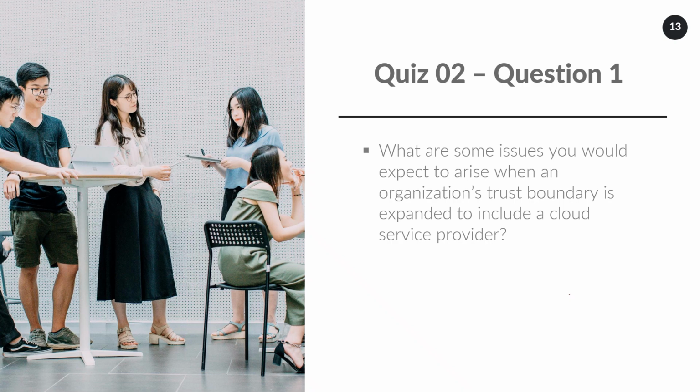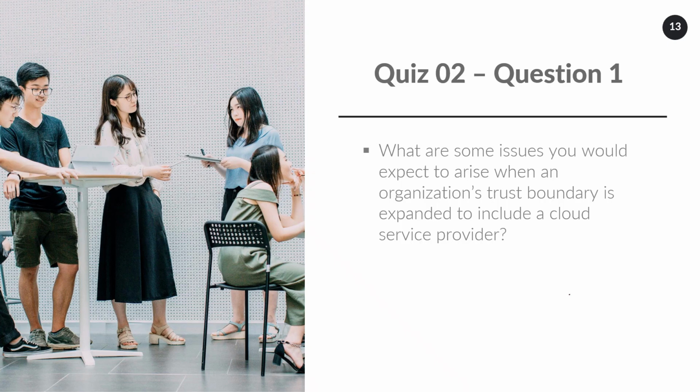Now I have a quick question for you guys. So this is quiz 2. You can pause the video, go to Canvas, or you can answer this later. It's up to you. But what are some of the issues you would expect to arise when an organization's trust boundary is expanded to include a cloud service provider?